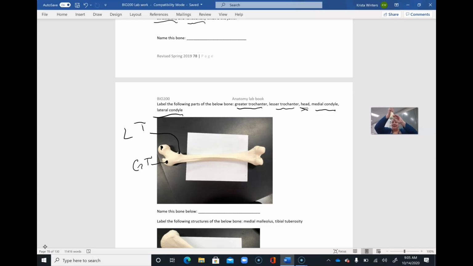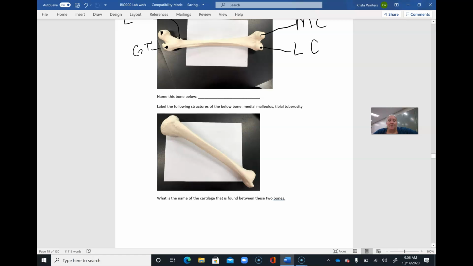So this is the medial condyle. Laterally is going to be where that big greater trochanter is. And we go here, and there's that lateral condyle. So on here, we have medial condyle, MC, and here we have lateral condyle. And again, you can see the spelling right up there, okay?